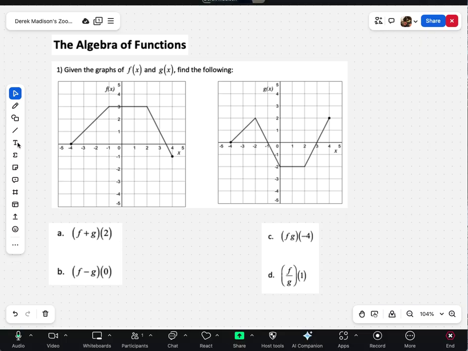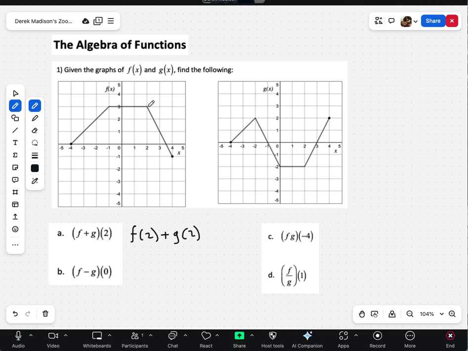Another way of thinking of this notation is f of 2 plus g of 2. So this and this mean the exact same thing. I feel like this one is easier to see what it's asking.